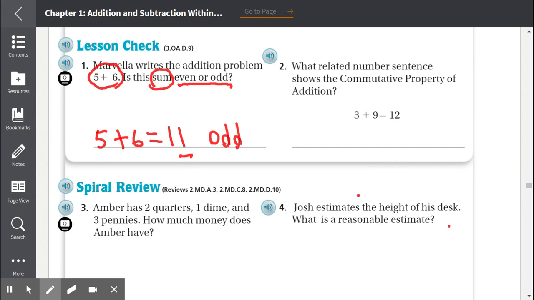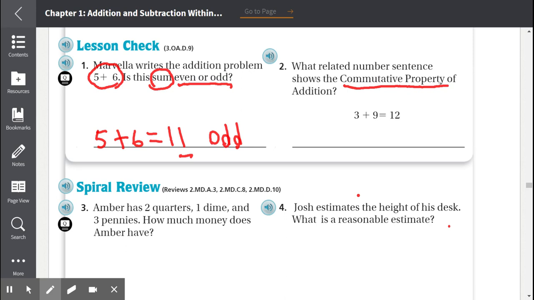Number 2, what related number sentence shows the commutative property of addition? We have to find a number sentence that shows the commutative property of addition. So 3 plus 9 equals 12. Since we're using the commutative property, we're going to circle the keyword commutative property. Now we know that the commutative property means to switch the two numbers that we are adding.